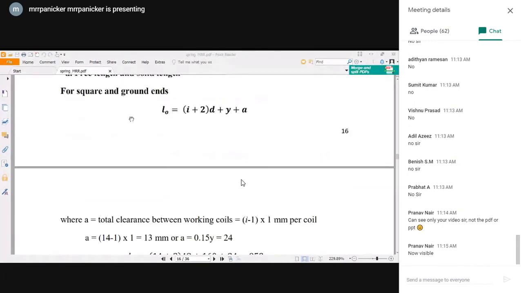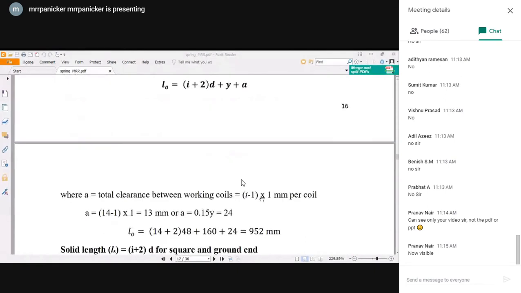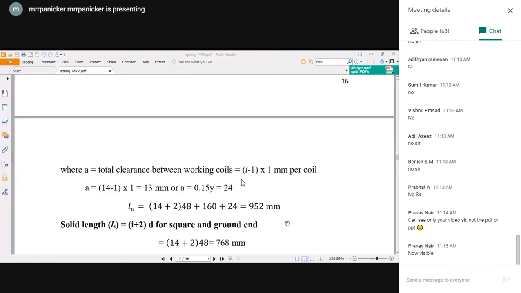So the full length is solid length plus maximum deflection plus, already I mentioned 0.15 maximum. That is 24. So that is the full length.